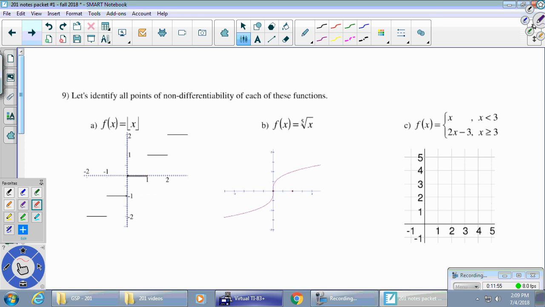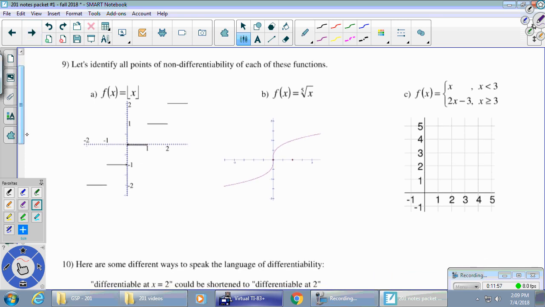Okay, so let's put that new knowledge to use in number 9. Identify the points of non-differentiability of each of these functions. Okay, so this first function, you might not have seen this before, but that's called the floor function. It's just the round down function, not normal rounding, but round down. And so the derivative exists at each of these points, no problem.